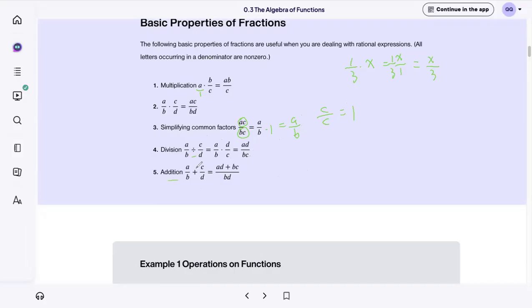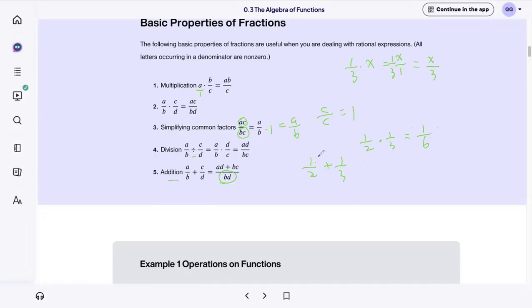But when we add two fractions, we need a common denominator. Let's say 1/2 plus 1/3. We cannot just go ahead and add those, right? It's different from 1/2 multiplied by 1/3, where we multiply numerator with numerator, denominator with denominator. But when we add, we need to make a common denominator.